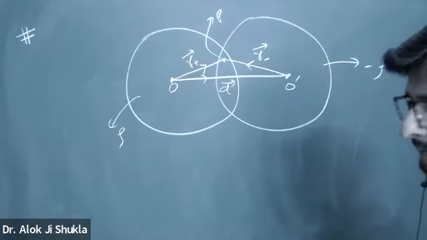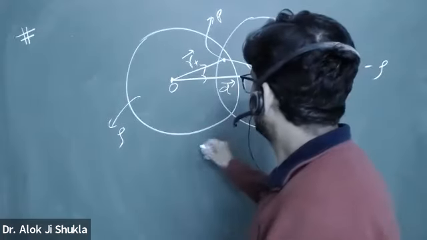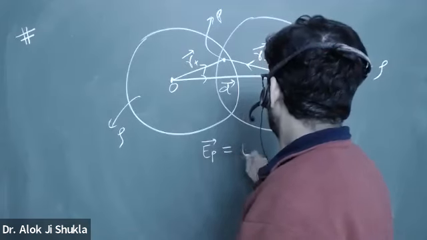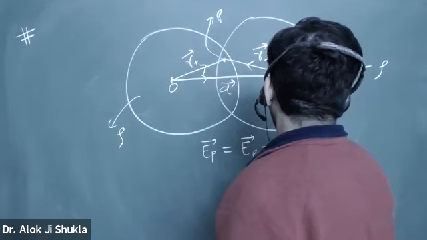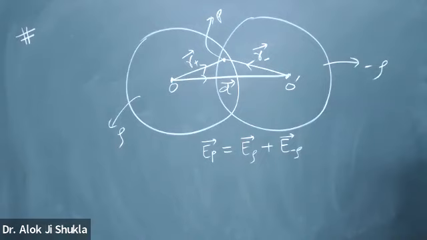Okay? That is the question. समझ आ रहा है? So please understand, at point P, the electric field is rho plus minus rho. This is the electric field. Vector sum.